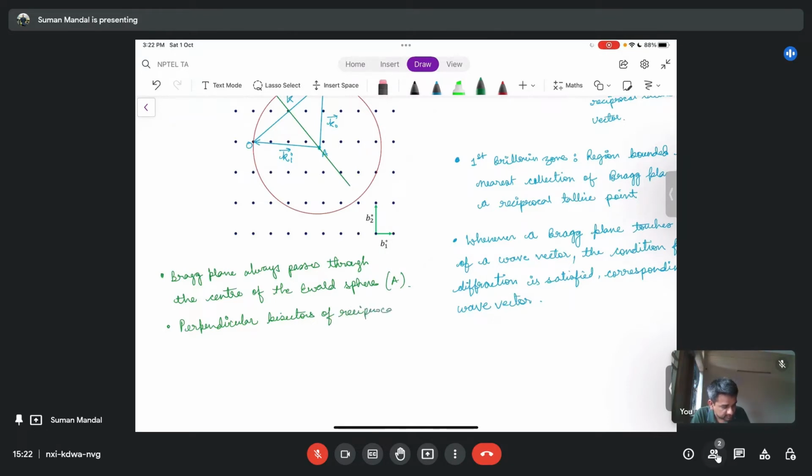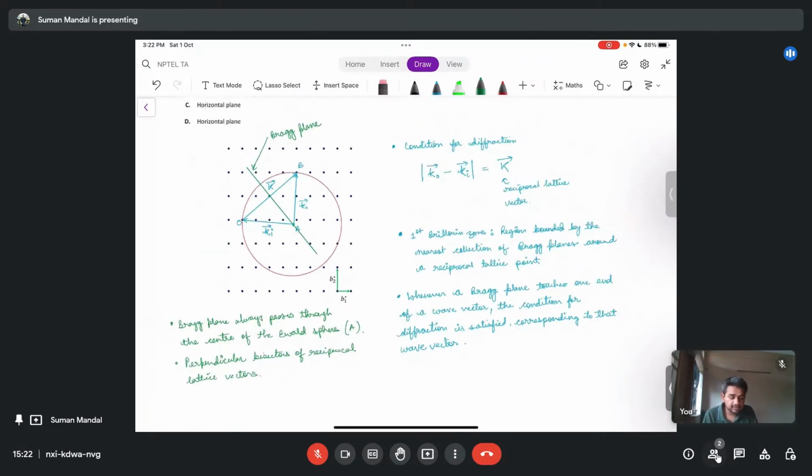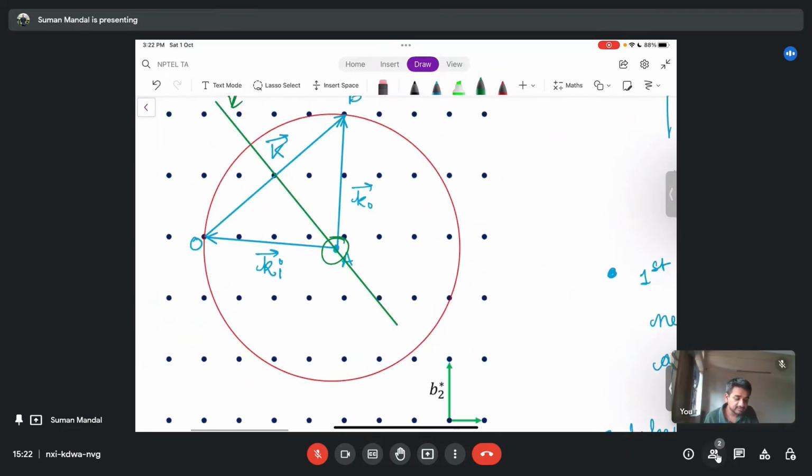So we see here that the Bragg plane will always pass through the center of the circle, which is A. It is always so.